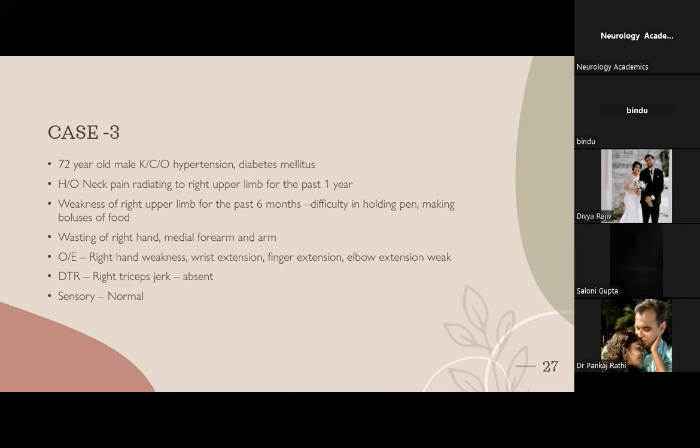Other localization would be multiple radiculopathy, C7, C8, and T1. Still, the other median and ulnar innervated muscles of the hand are also weak.